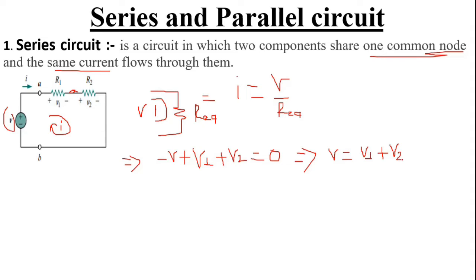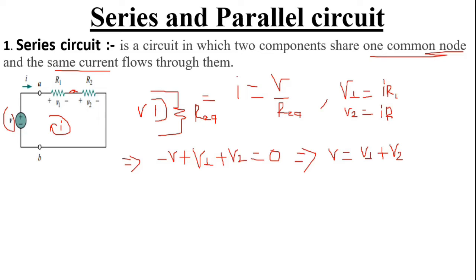From Ohm's law, we can obtain the formula for V1 and V2 in terms of I. V1, the voltage drop across resistor R1, can be calculated as R1 times I, the current flowing through this circuit, and V2 can be calculated as I times R2.